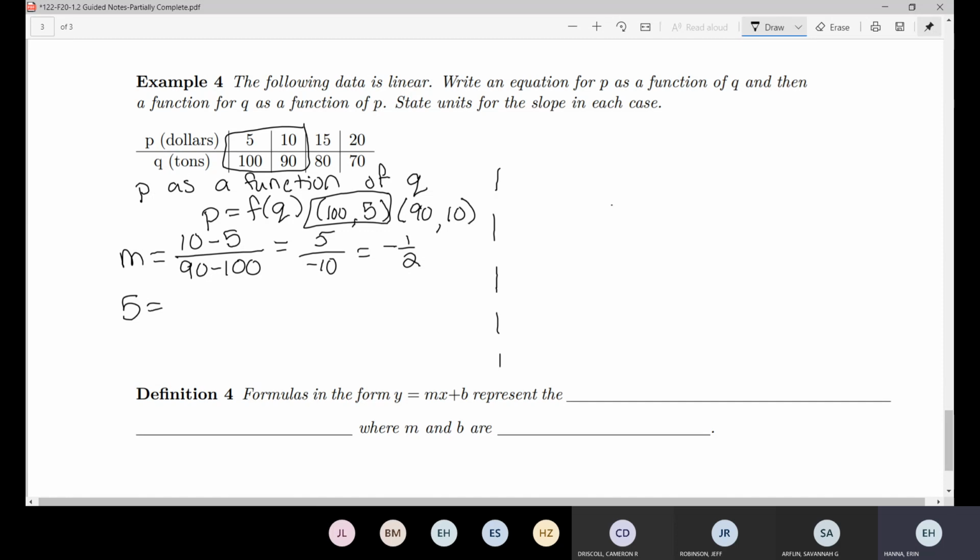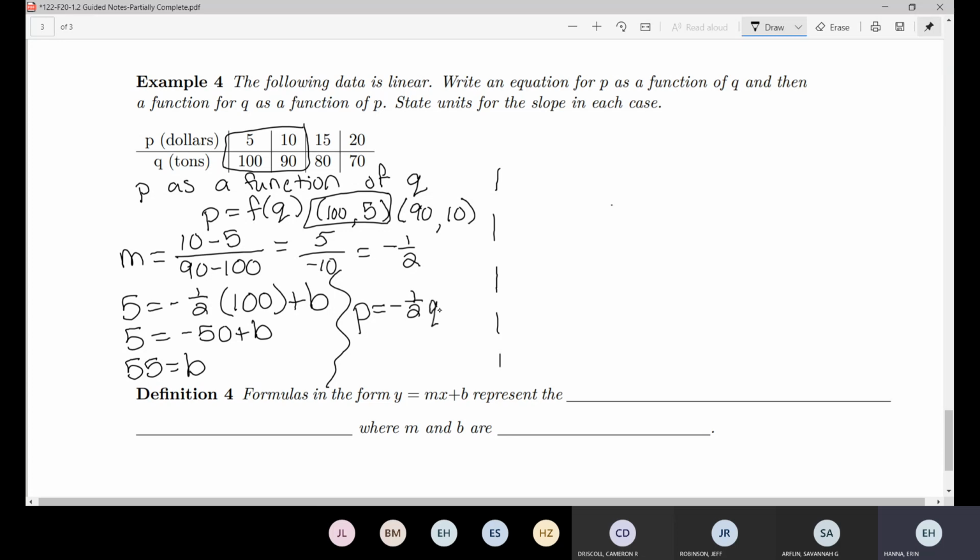I'm going to have 5 equals negative 1/2 times 100 plus b. Negative 1/2 times 100 is negative 50. Add 50 to both sides. B is 55. Remember, you're not done, you actually have to write the equation. So we have P equals negative 1/2 Q plus 55.